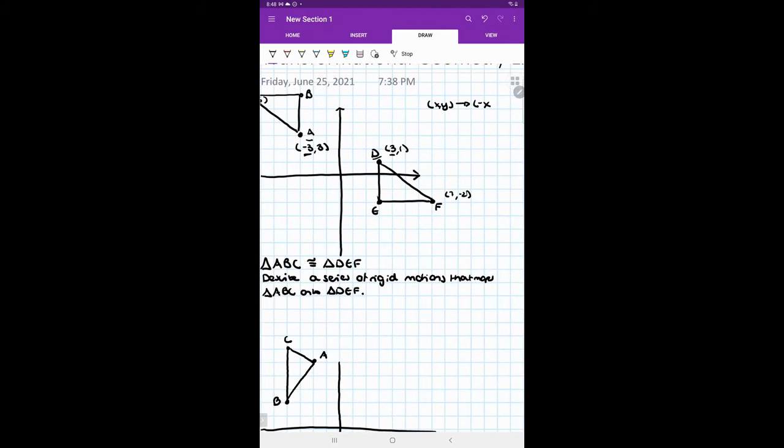That's an intermediary step. So what I just did is I reflected across the y-axis. Let's draw this intermediary step. Here, I'll write it out in green.